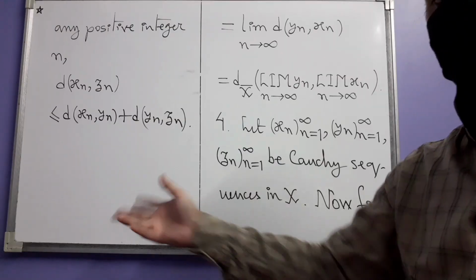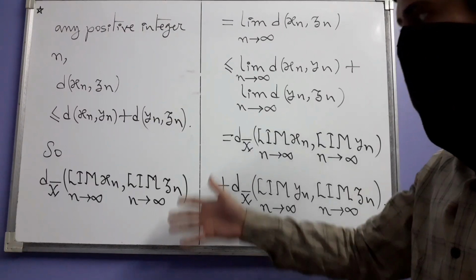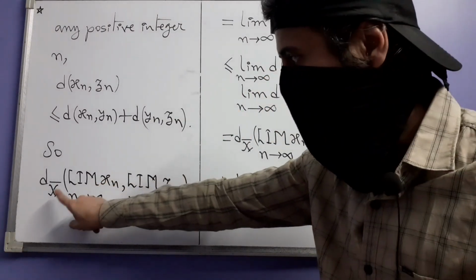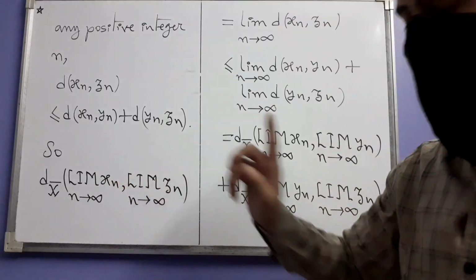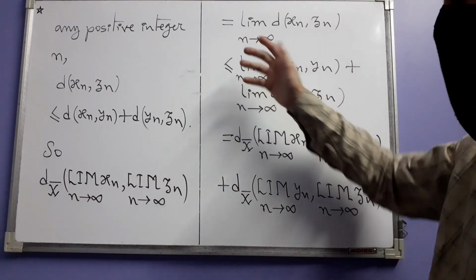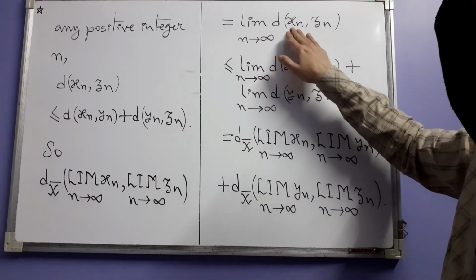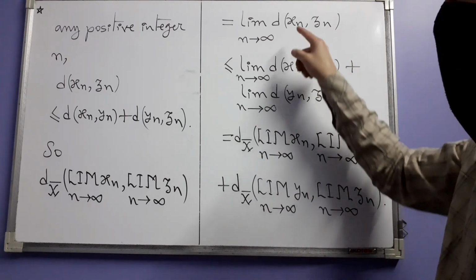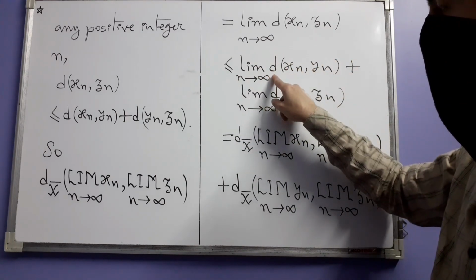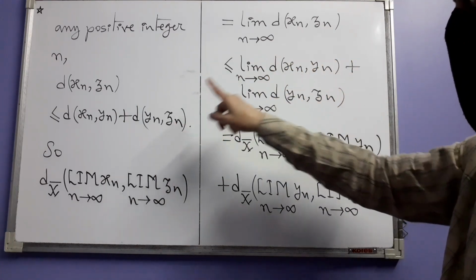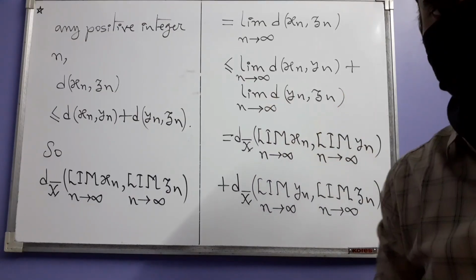Now what are we going to get from this? This is what we get: dx bar value of limit of xn comma limit of zn, which of course is equal to limit of d of xn comma zn, but that is less than or equal to limit of d of xn comma yn plus limit of d of yn comma zn.